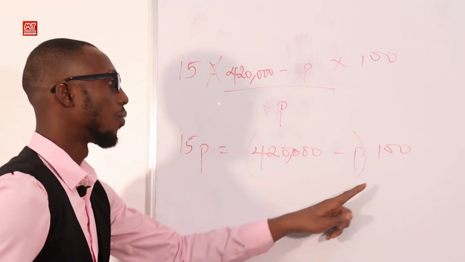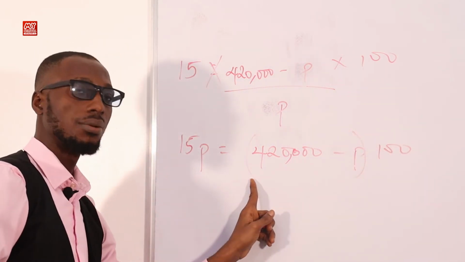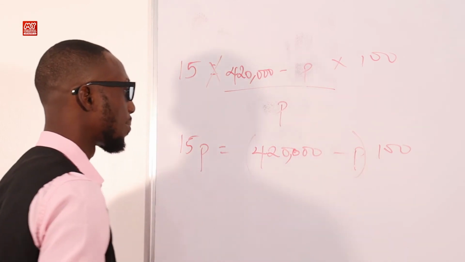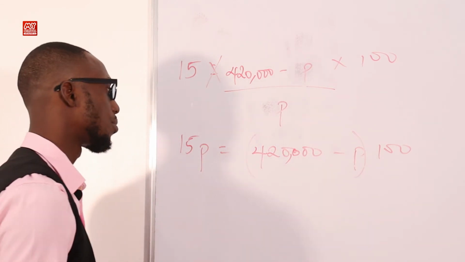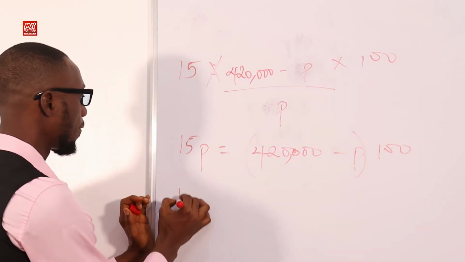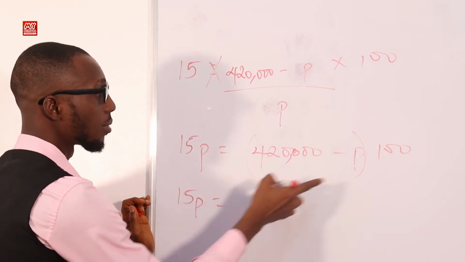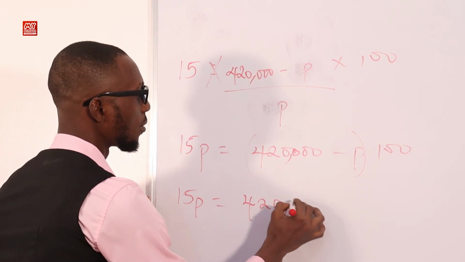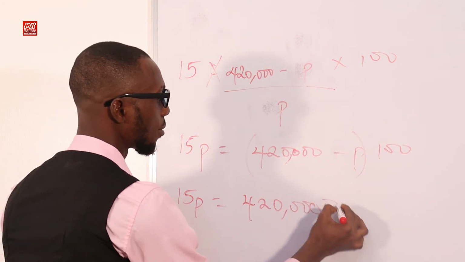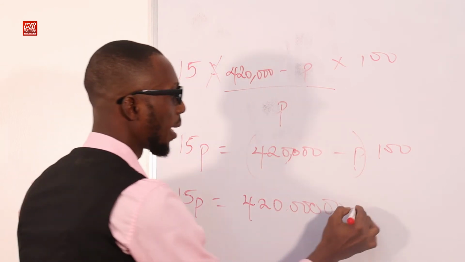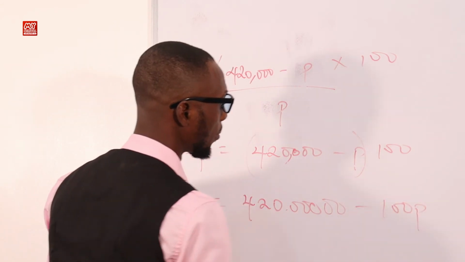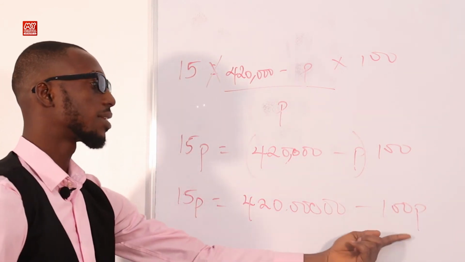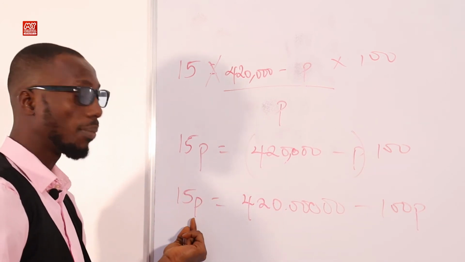We can multiply by 100, or divide both sides by 100. Whatever we want to do works fine. So we have 15p equals 100 multiplied by 420,000, minus 100p. So I can collect like terms. I can send this 100p inside, it becomes positive.